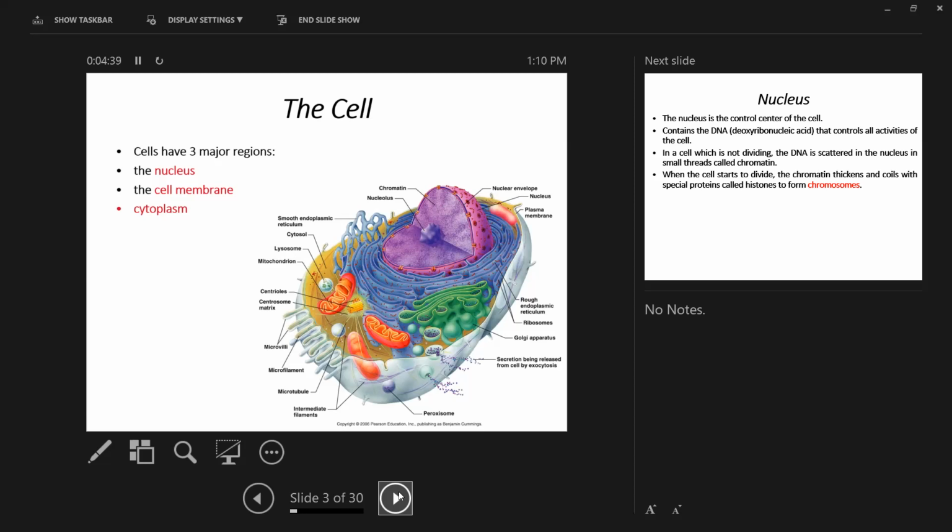Every cell except red blood cells has a nucleus and all these organelles. Red blood cells don't. They kick their nucleus out right before their development is finished in the bone marrow, and they have none of the organelles. All a red blood cell is, is a big sac of hemoglobin.